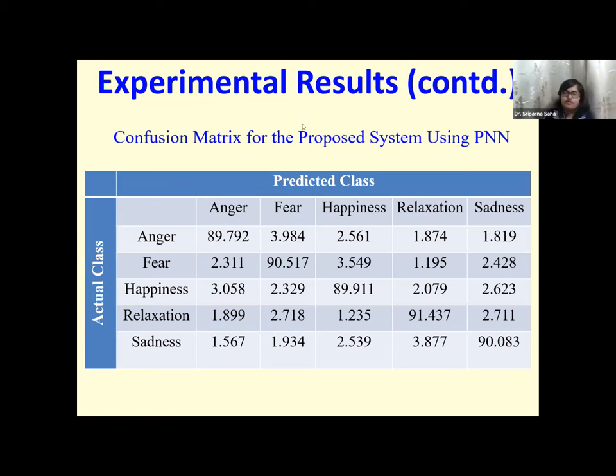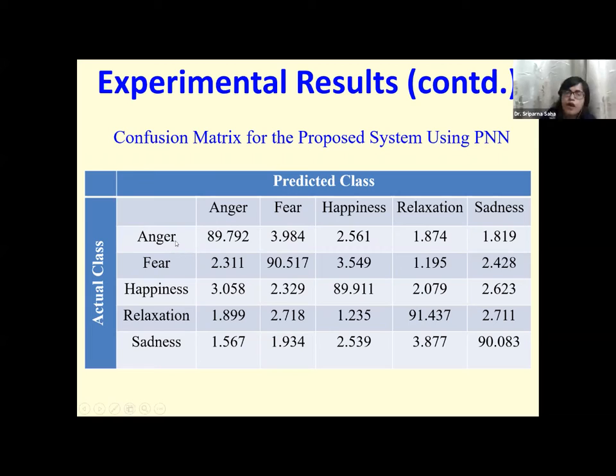So if your actual class is anger, your predicted class should be anger. So this particular value should be as high as possible. If this particular value is very high, close to 100, it's a percentage ratio. So if this value is near to 100, the summation of all the 4 other values will be very less.